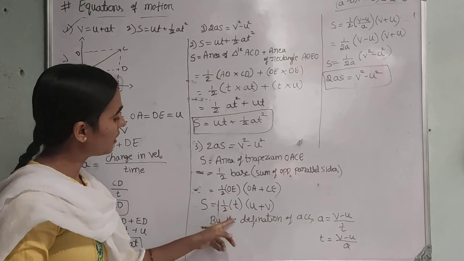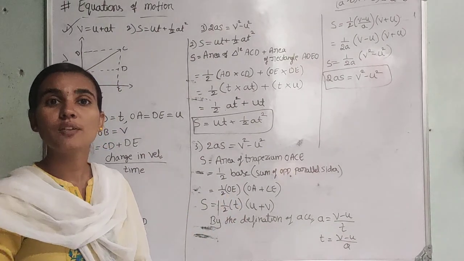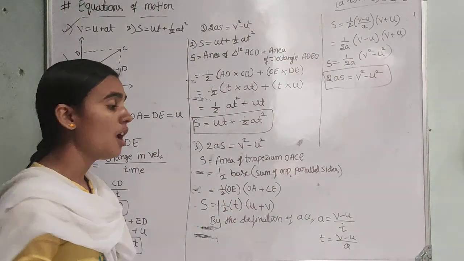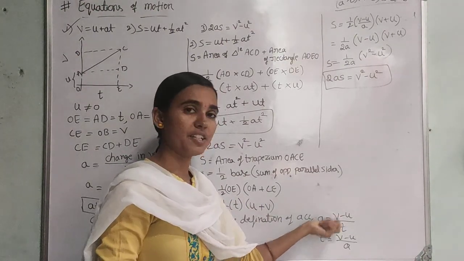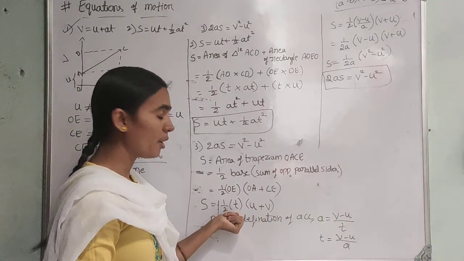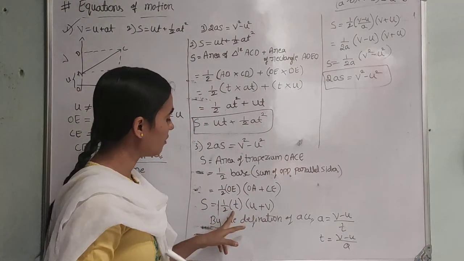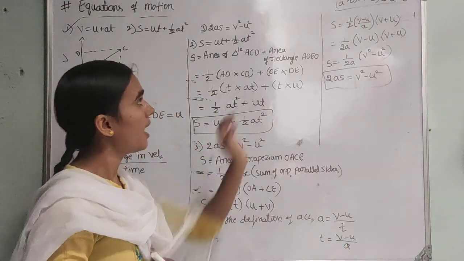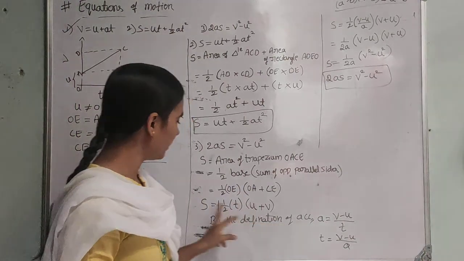So here we don't know the value of T. To know the value of T, we use the definition of acceleration. What is the acceleration? It means change in velocity divided by time taken. So T is equal to V minus U by A, and substitute the value of T in this equation.